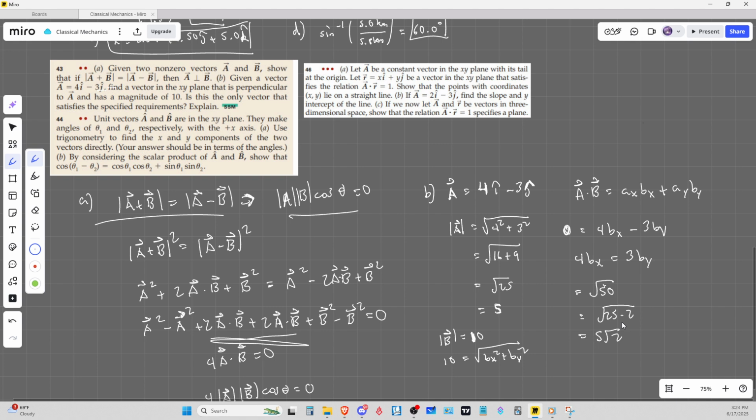Yeah, the only way this would work is if by and bx were equal to something. That's the only way to get to 10, and I think that would probably be a unique solution. But I don't know if that's the only way you can get it to 10.